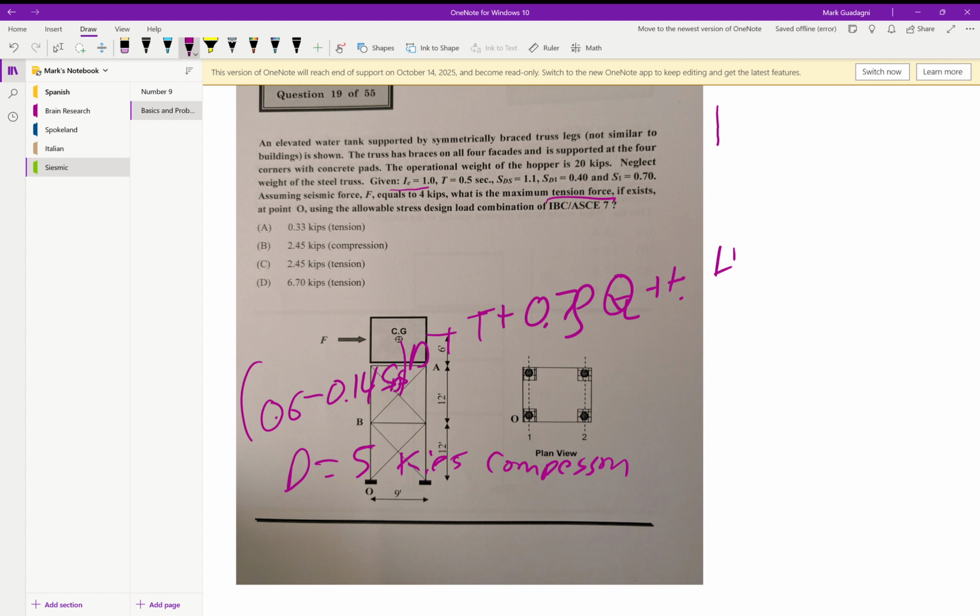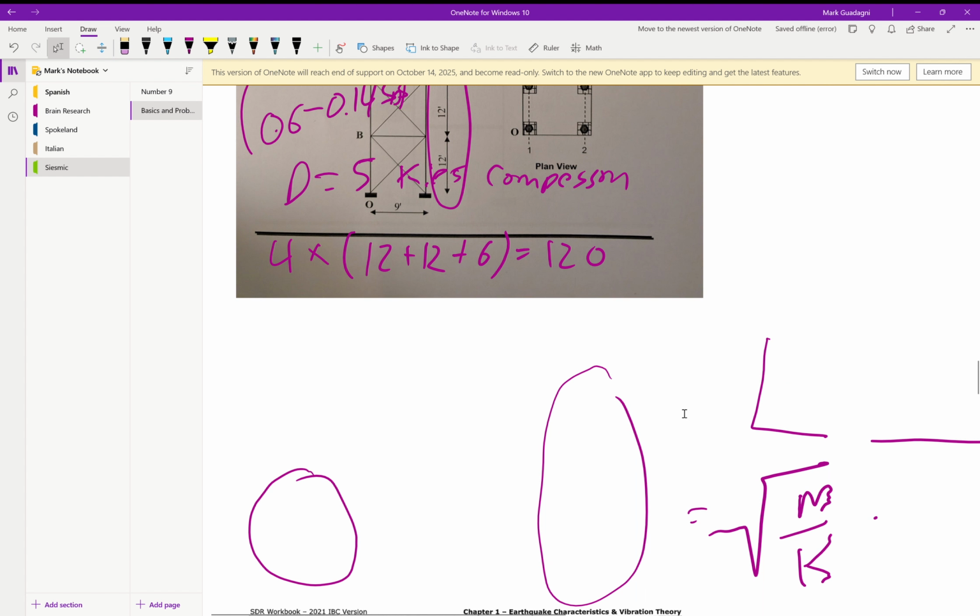And they're asking us for tension, so that's going to be negative. And then the overturning moment is going to be what our earthquake load is. They already said it's 4 kips, and then we multiply it by that moment arm, so it's 4 times (12 plus 12 plus 6) equals 120.